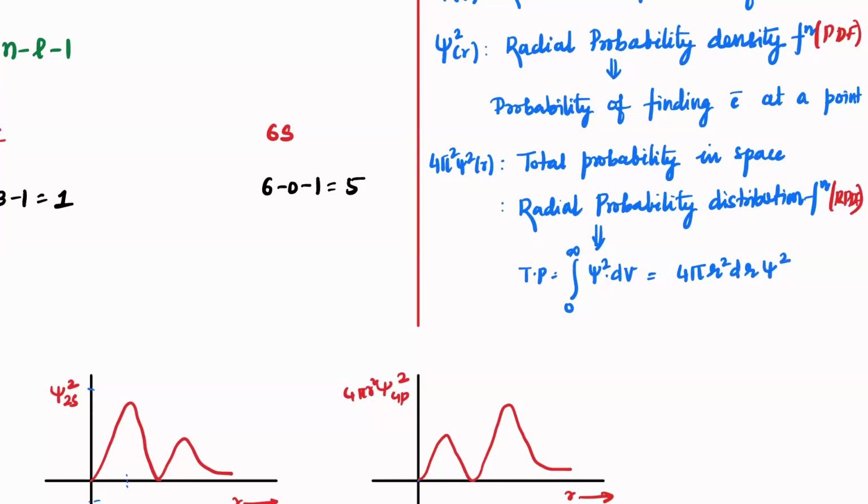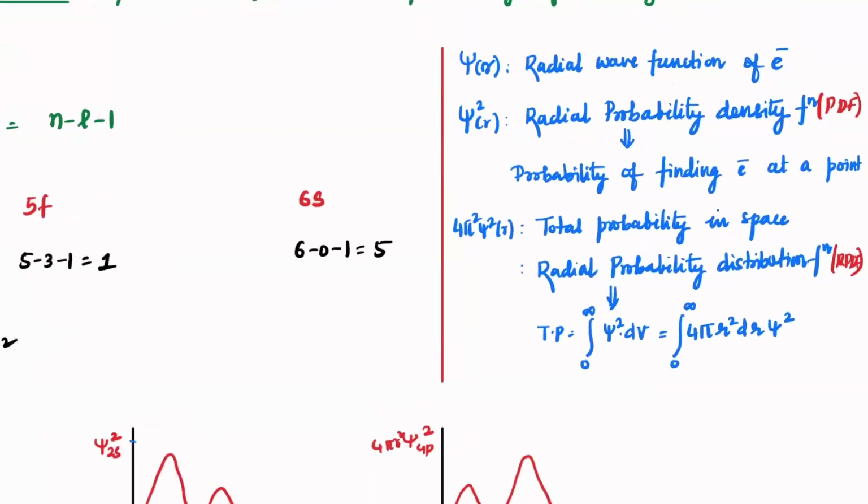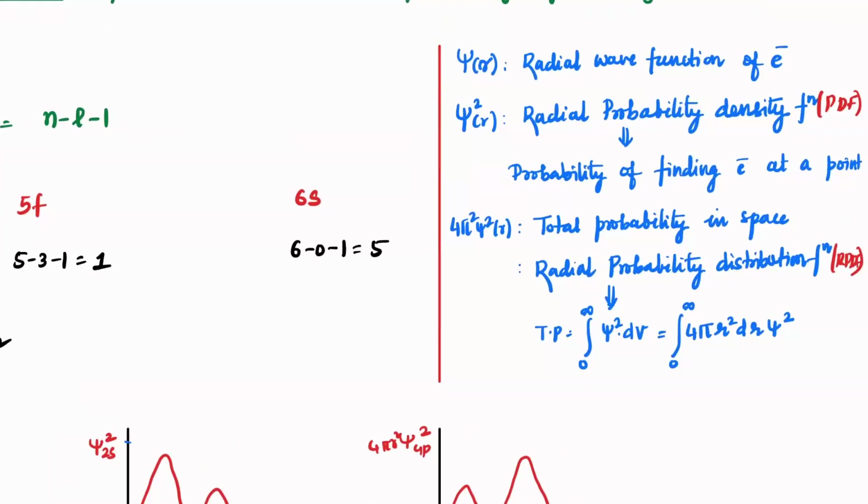So that is the total probability, everybody. Of course, you have to integrate that from 0 to infinity. Done. I hope you understood the terminology as well. What are psi square and 4 pi r square psi square? Any doubt here?